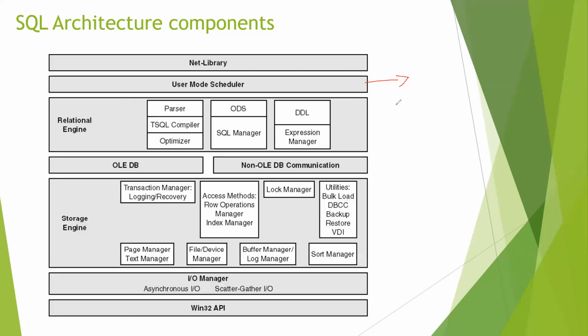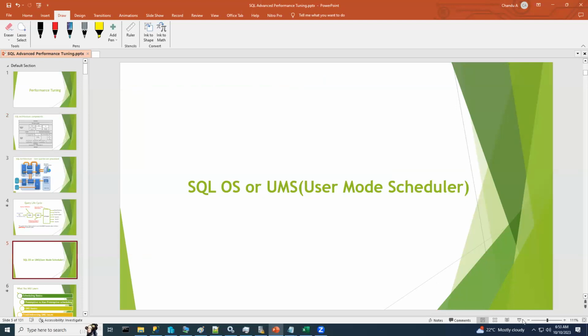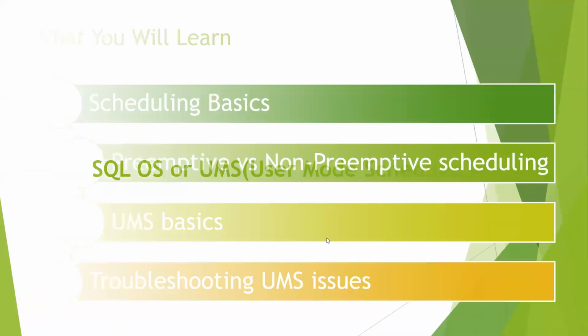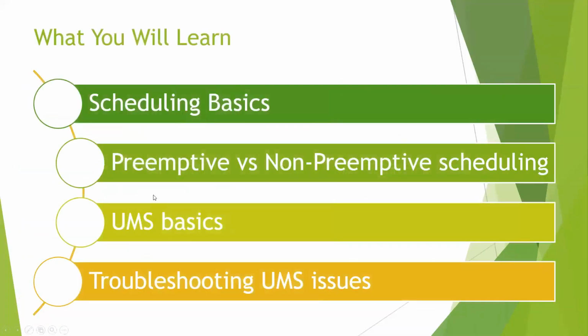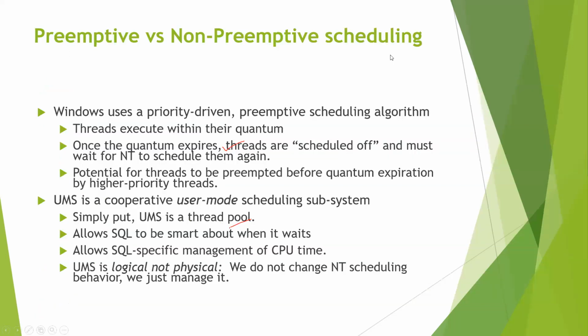Using the user mode scheduler. We will talk about why we need a user mode scheduler and what will happen if you don't have one. We are also going to discuss the scheduling basics, what preemptive and non-preemptive scheduling mean, the UMS basics, and troubleshooting some UMS related issues.